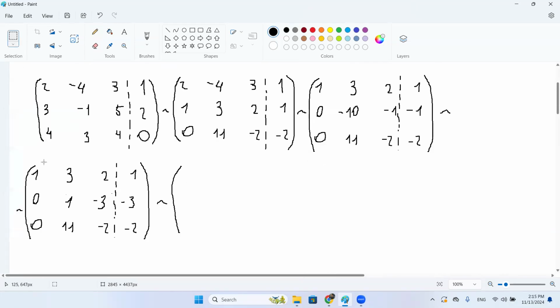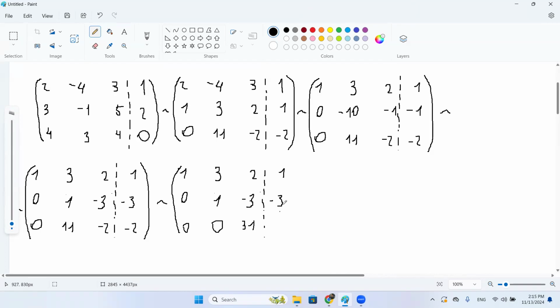And now let's eliminate the last row. So 20. So 2 minus 2 plus 33. So 31. And the same 31. So what do we have?